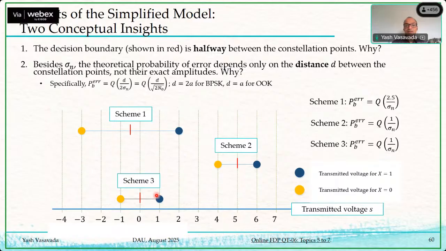In contrast, what is the average energy for scheme 2? What is the energy of this symbol where my cursor is? Any thought?